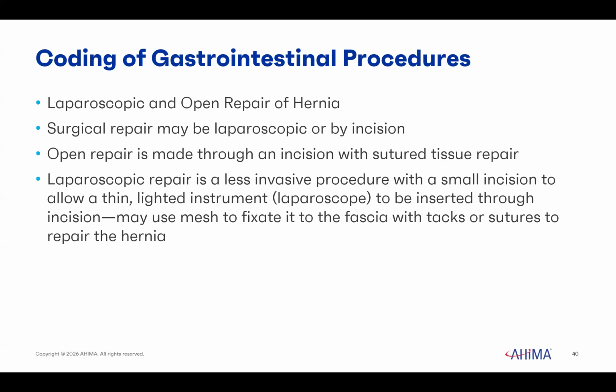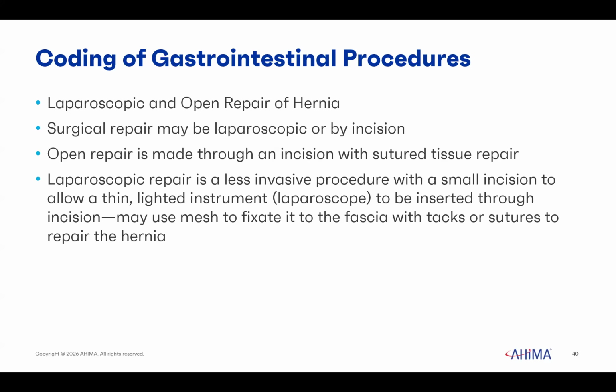Now we're going to talk about laparoscopic versus open hernia repairs, right? You have to read the documentation that clearly indicates the approach and whether the mesh and sutures are repaired. If somebody does an open repair through an incision with a sutured repair, it's open, right?